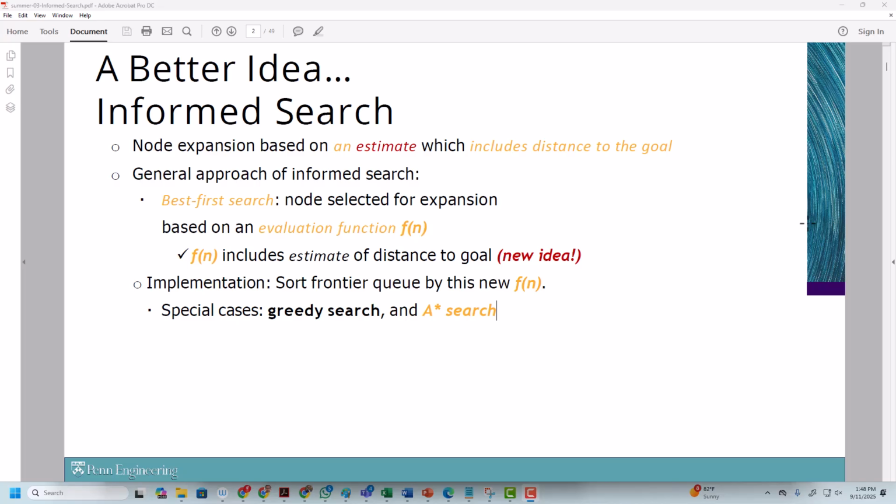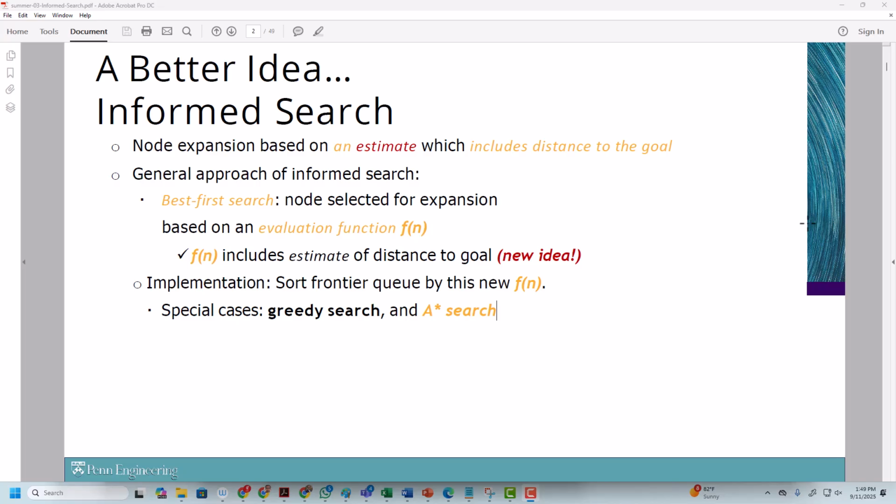This extra knowledge usually comes in the form of a heuristic function written as h(n). h(n) estimates the cost of the cheapest path from node n to the goal. Importantly, for a goal node, we always require that h(goal) equals 0.